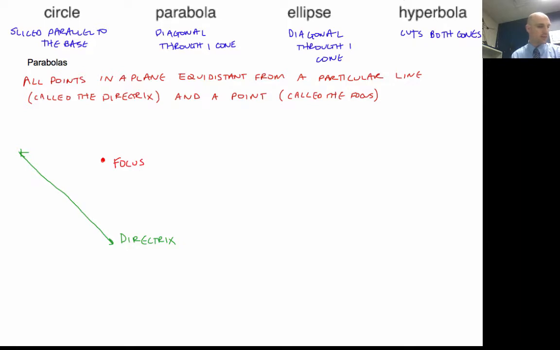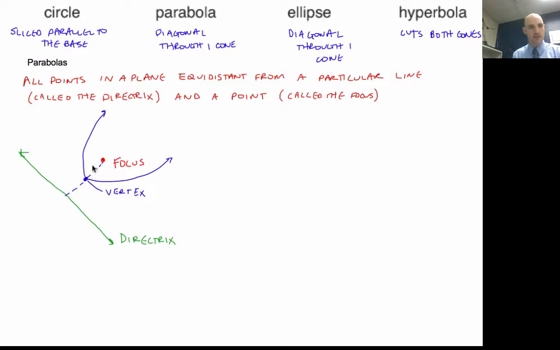Okay, there's my focus. My parabola is actually going to look like this. And what I'm measuring is right here. So this is my vertex. And that's just one of the points on my parabola.